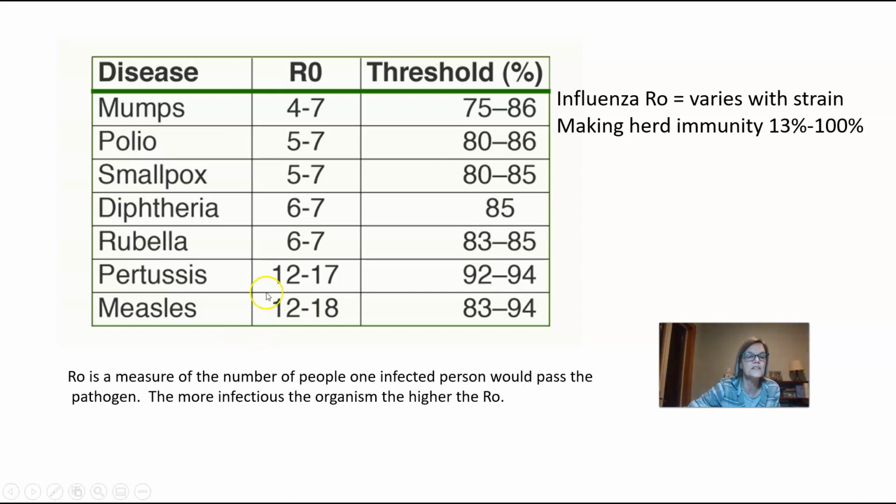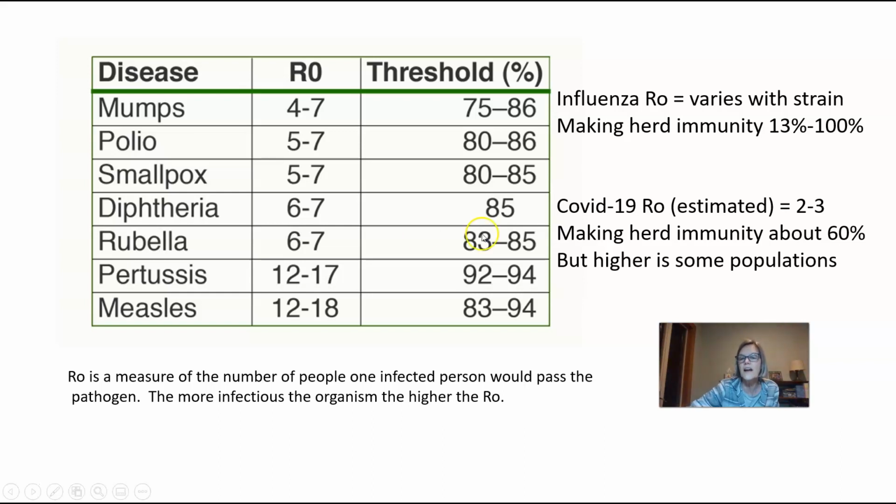Now, you hear about pertussis, which is whooping cough. You need more than that. But just to get kind of a guide, you're somewhere around 80%. And so the numbers that I found, and I think that the CDC is using something similar to this, the COVID-19 R naught is estimated to be about 2 to 3, so it's pretty low, making herd immunity about 60%.